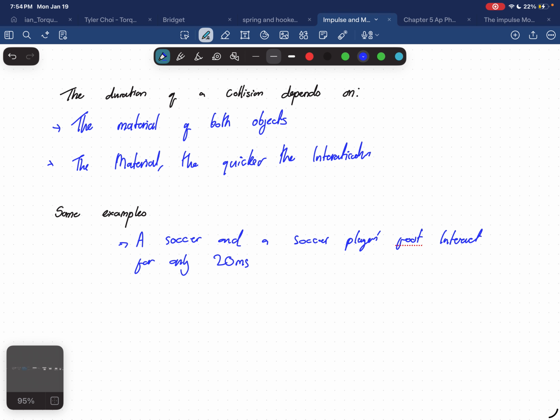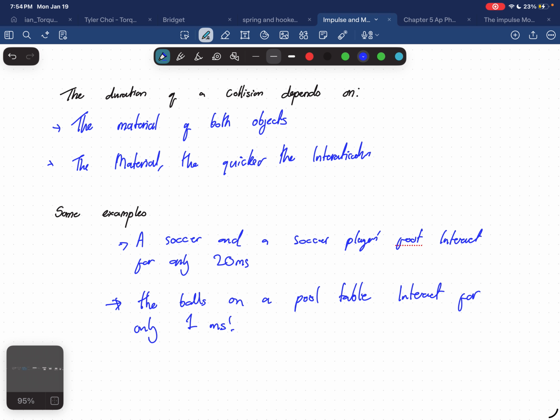And the one that surprised me is the balls on the pool table. Balls on the pool table interact for only 1 millisecond.